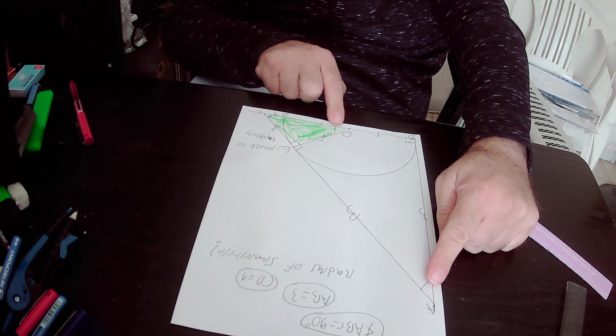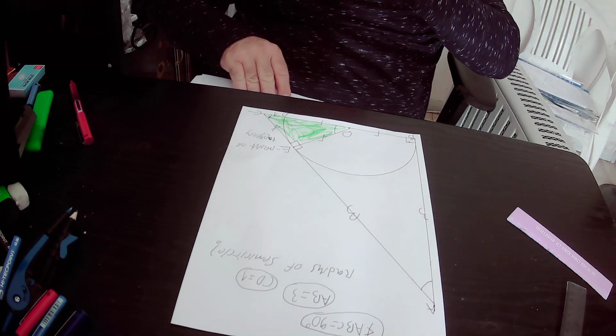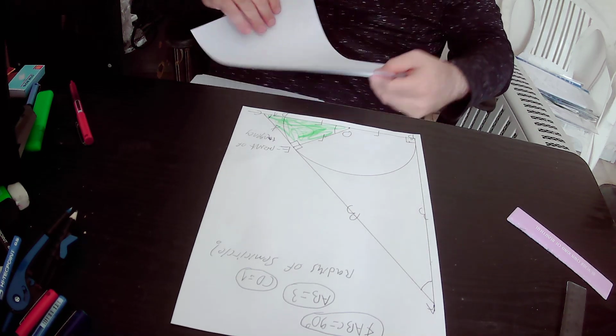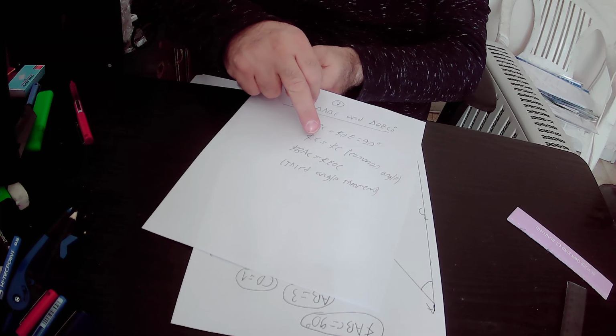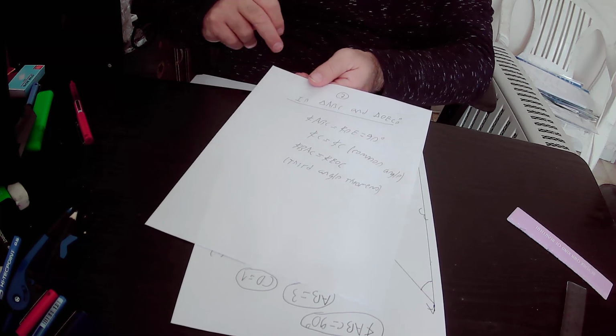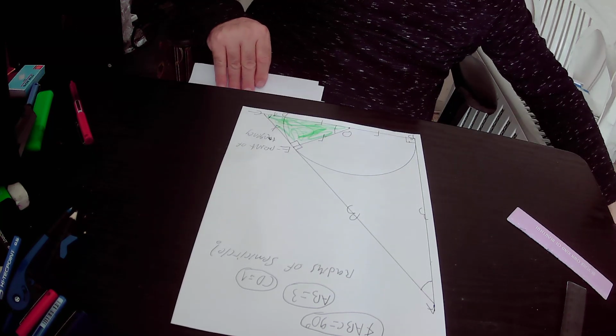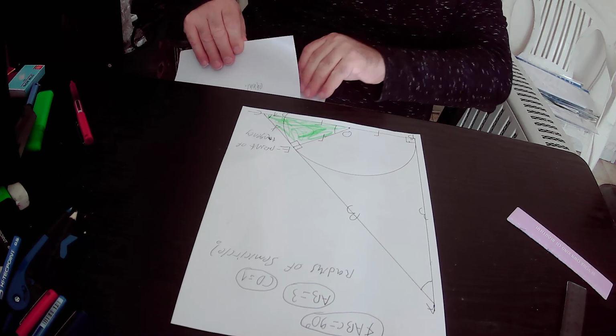Those two angles are equal to each other according to the third angle theorem. Okay, so angle BAC equals angle EOC according to the third angle theorem. What is the third angle theorem?